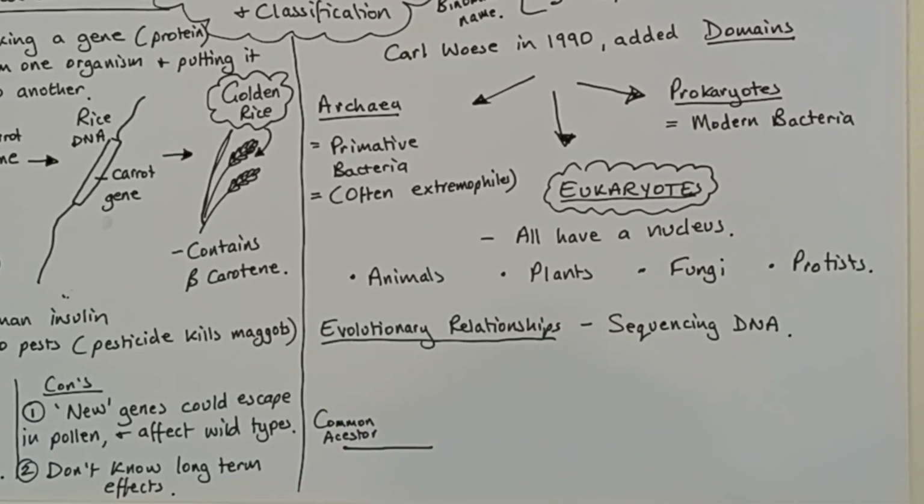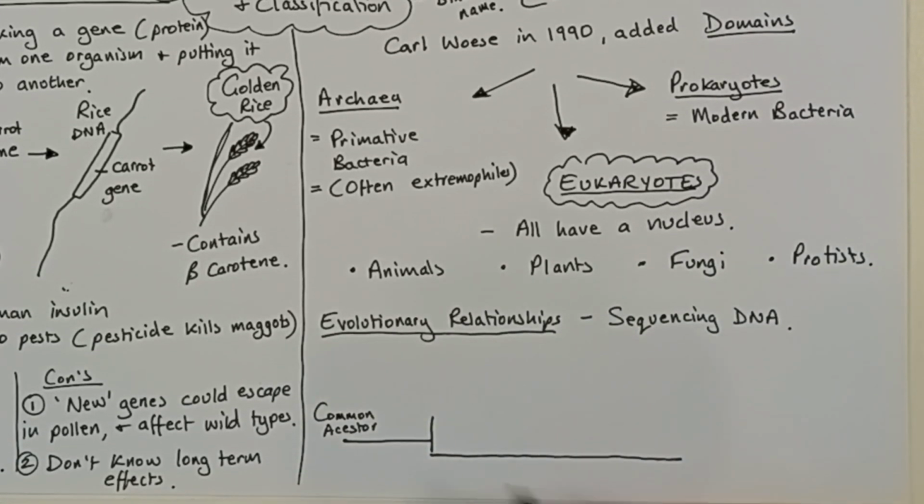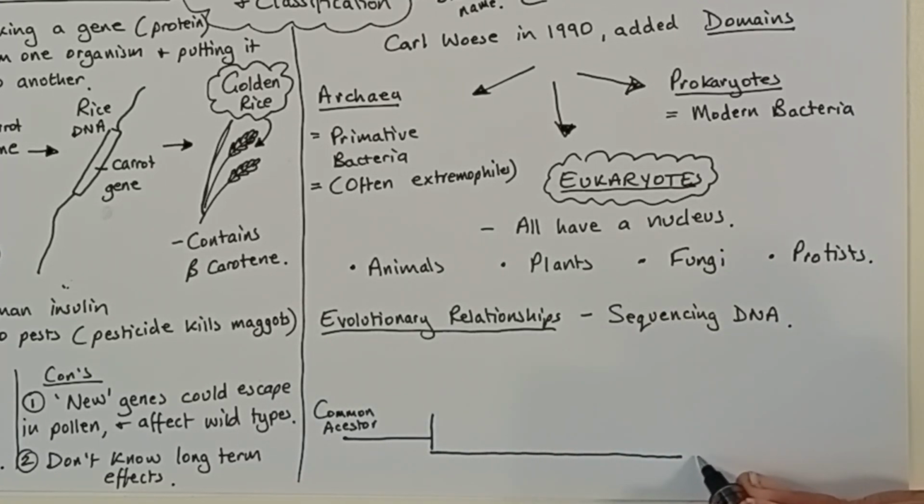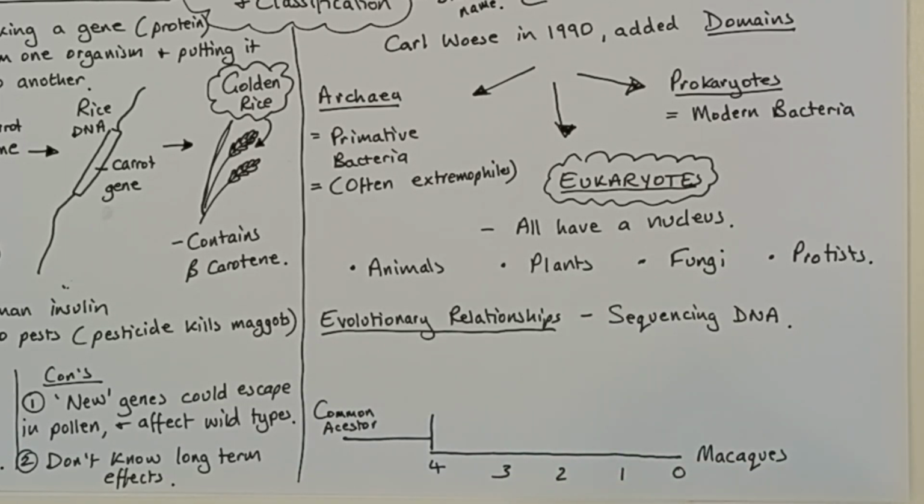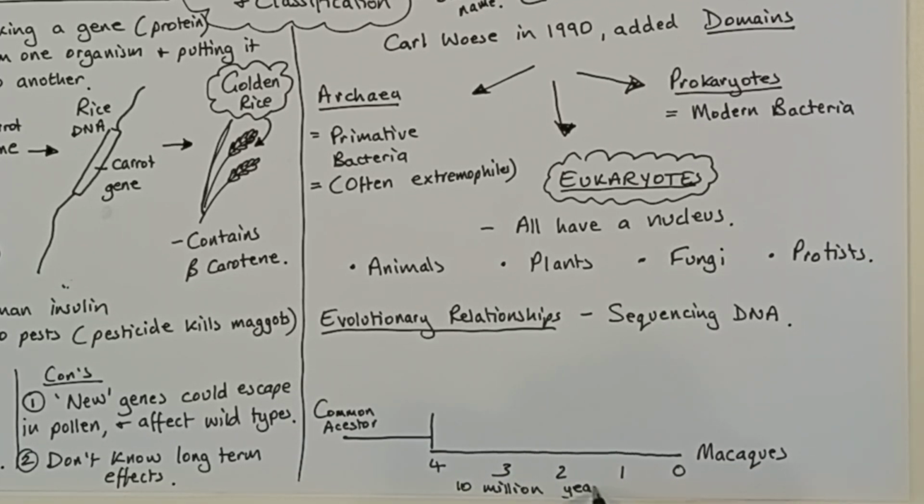So in this, we're going to look at the evolution of different monkeys and apes. So it would be some sort of ape-like creature. So the first division that happened was the family that gave rise to the macaques. So in order of time, if these were in sets of 10 million years, then that would be 40 million years ago, the macaques branched off from the other apes.